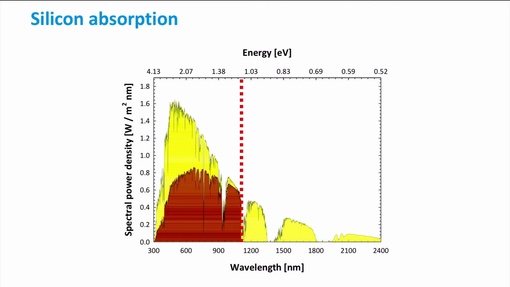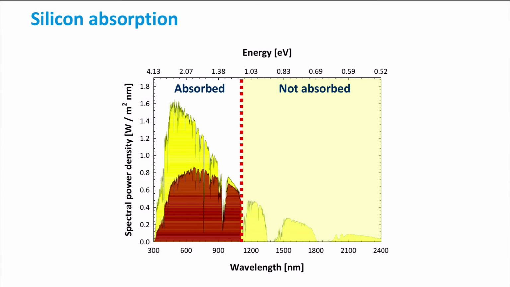The red dashed line represents energy of the bandgap of silicon expressed in wavelength of light. Only the radiation at lower wavelengths carries enough energy to be absorbed and excite an electron in crystalline silicon. Therefore, from the solar spectrum, only the part of the spectrum on the left-hand side of the dashed line can be absorbed in crystalline silicon.